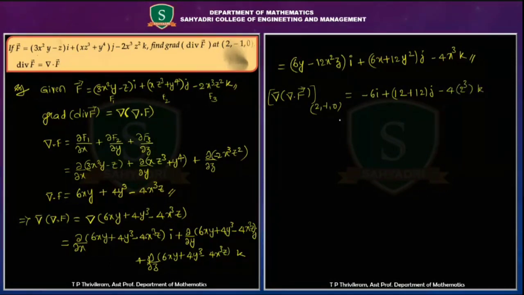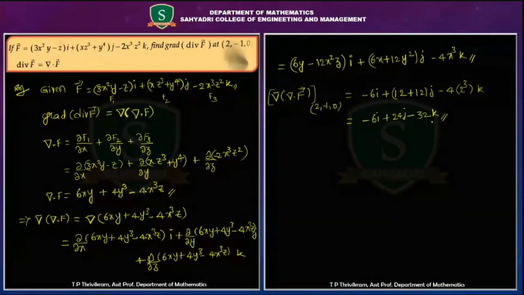So this one is minus 6i plus 24j, minus 4 into 8, 32k.